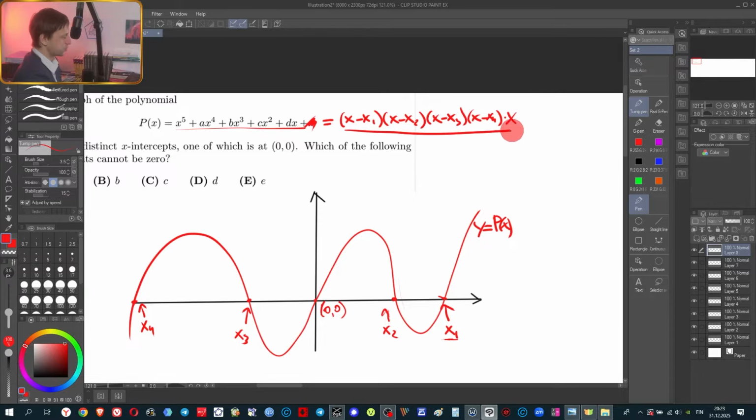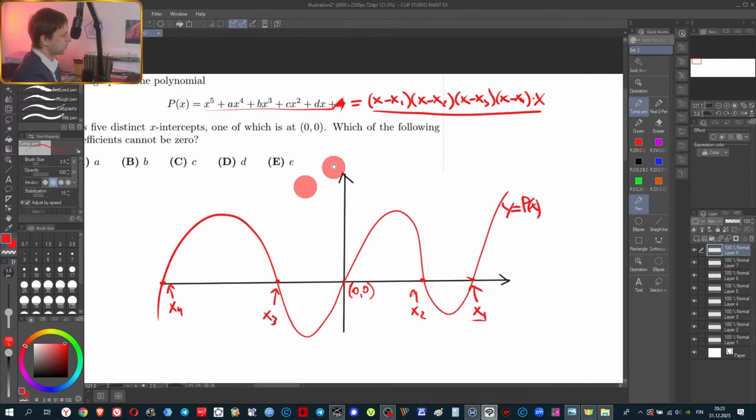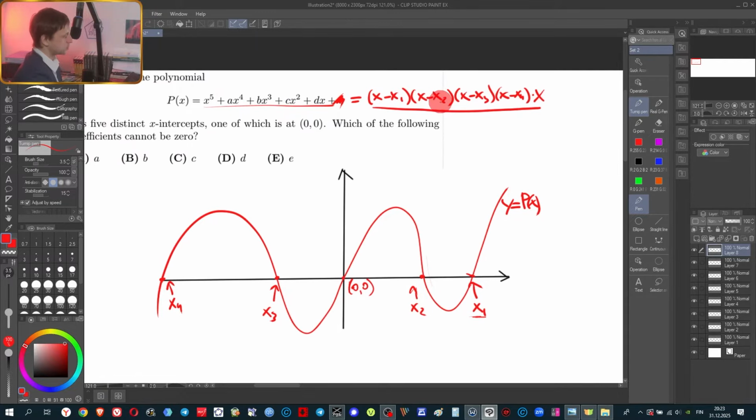So this representation of our polynomial is possible. Very important: x1, x2, x3, x4 are roots, and none of these are zeros, because these 5 points are distinct. It means that these are different points. So x1, x2, x3, x4 are some non-zero numbers.